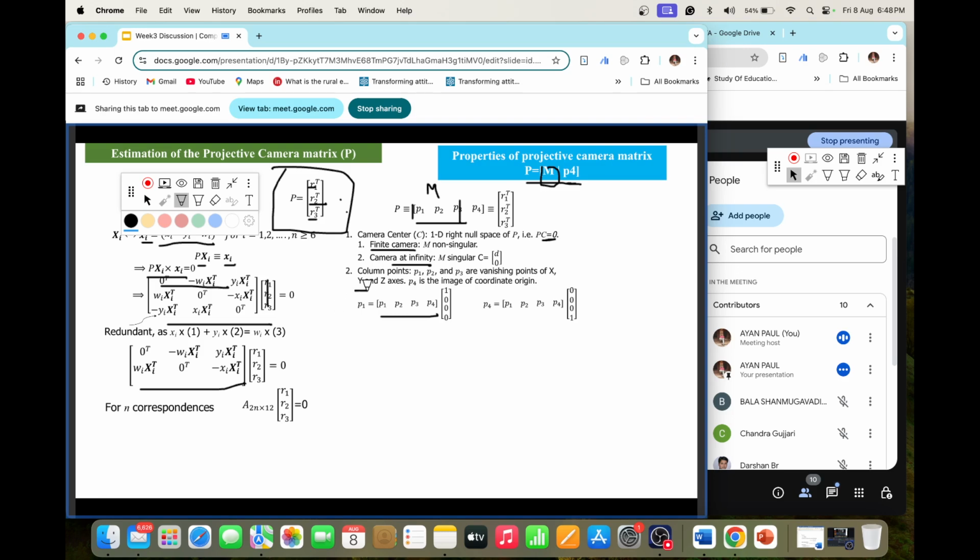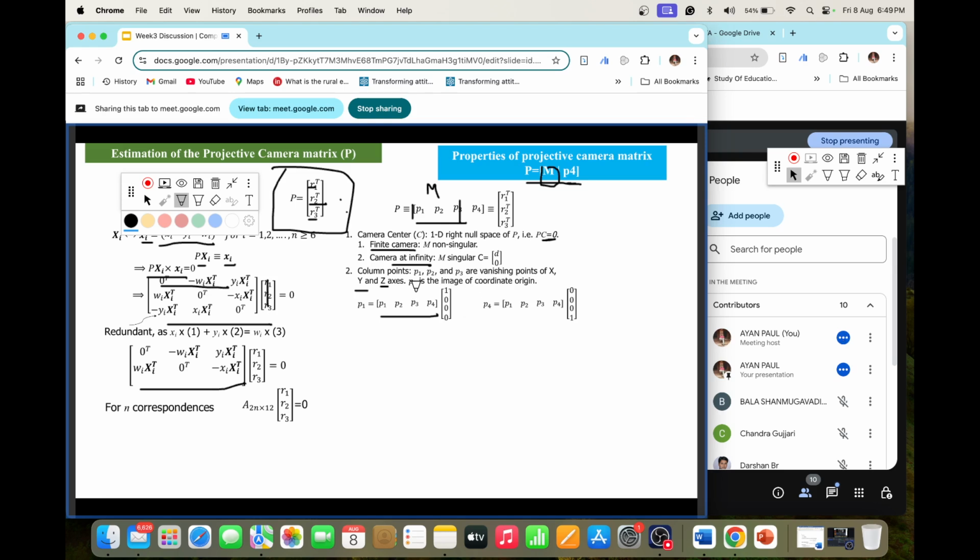Similarly, how can I get the vanishing point in the y direction? Very similar. This projection matrix into 0 1 0 0. Similarly, how can I get the vanishing point in the z direction? It is very easy. This projection matrix into 0 0 1 0. So by that I can calculate our vanishing points.